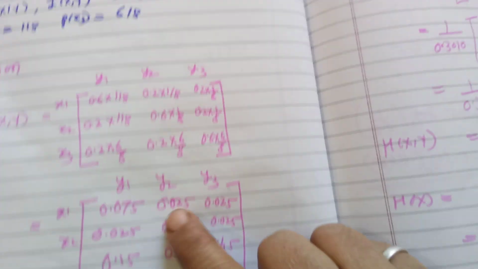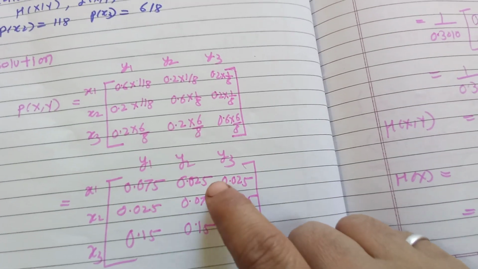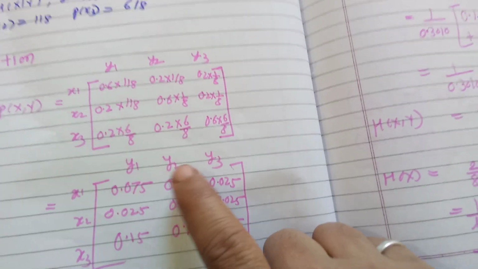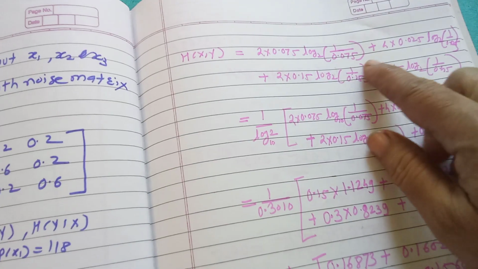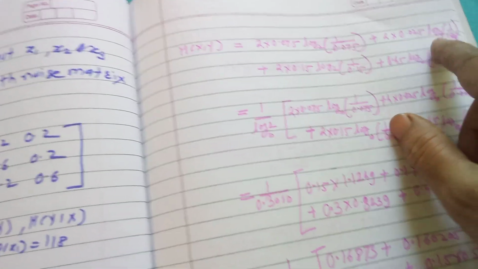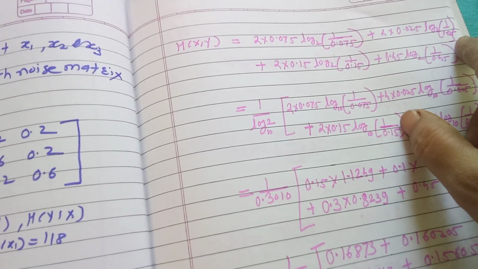Next, 0.025 comes for 1, 2, 3, 4 times. So 4 into 0.025 log 2 of 1 by 0.025.